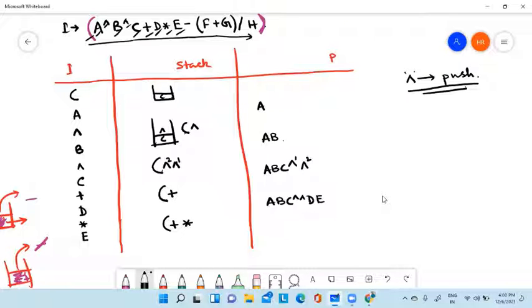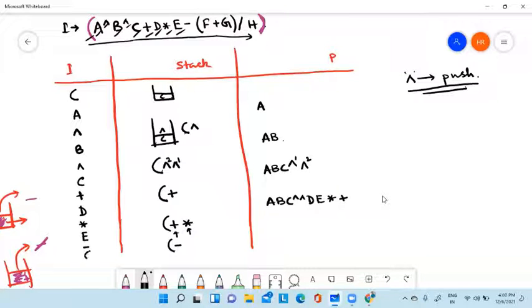Then E, so E means operand, so added. Okay, I'm not writing here again. Then minus. Now see, check the stack. What is at the top of the stack? Into, which has higher precedence, so this will be popped. Then the next one, plus, same precedence, this will be popped. Then this will be added.